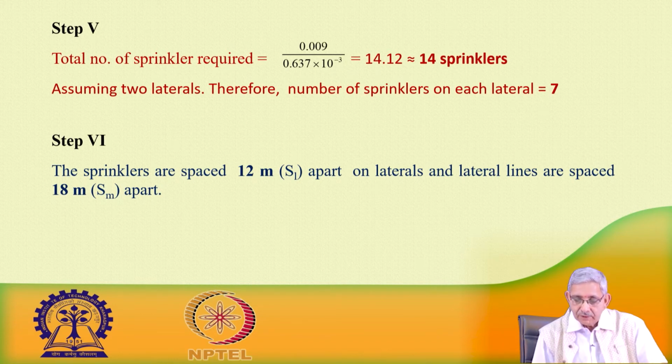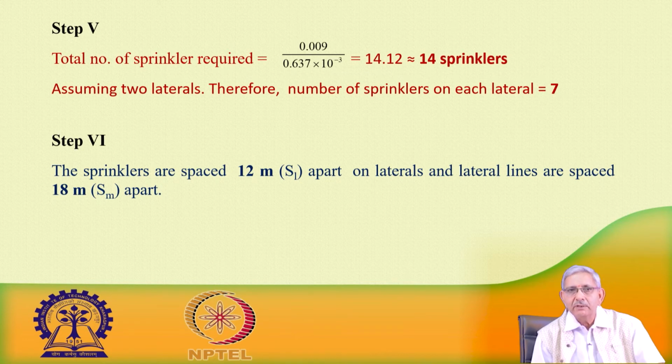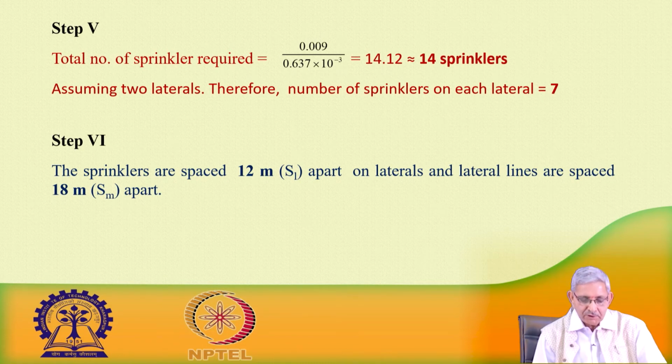These 14 sprinklers can be laid in a pattern which I am suggesting. There are 2 laterals, and in each lateral we are putting 7 sprinklers. This way we will get the length of the pipeline. The question says the sprinklers are spaced 12 meter and 18 meter apart.